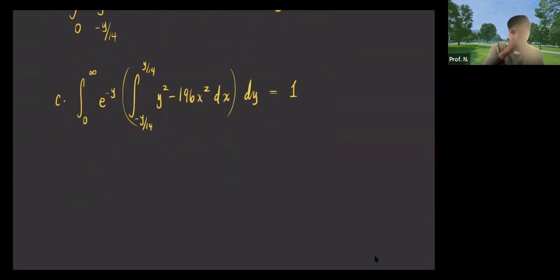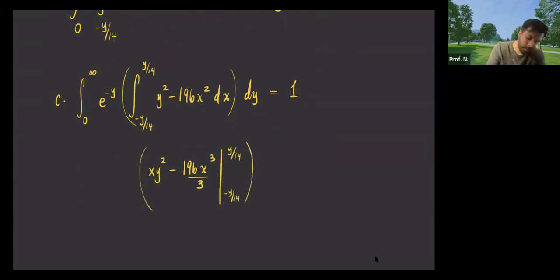Then you can integrate this with respect to x, and you get x y squared minus 196 x cubed over 3. And you're evaluating this from negative y over 14 to y over 14, times e to the negative y, from 0 to infinity, of c.